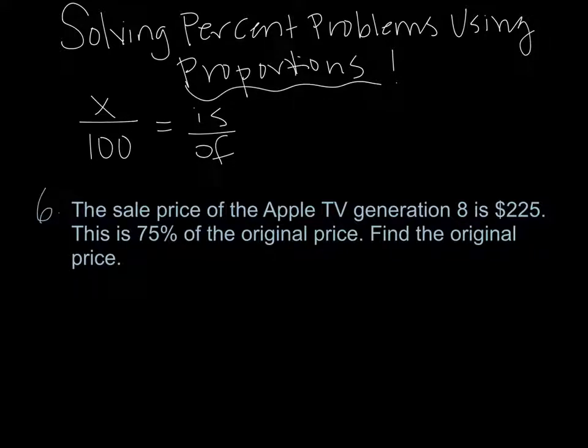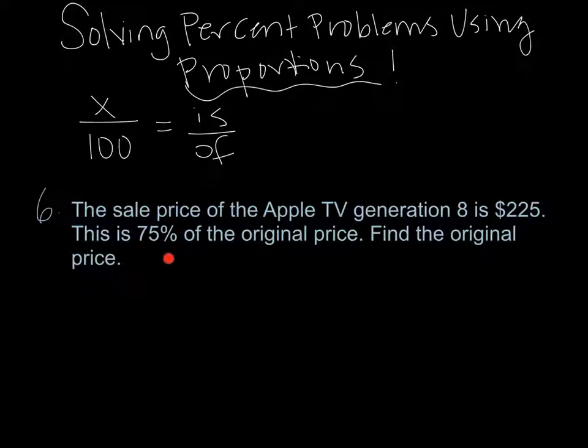Of course, these work for word problems too. Let's read this. The sale price of the Apple TV Generation 8 is $225. I think there's only 4 generations right now, so it's going to be really expensive when it gets to the 8th one. This is 75% of the original price. Okay, it's on sale, saving some money. Find the original price.